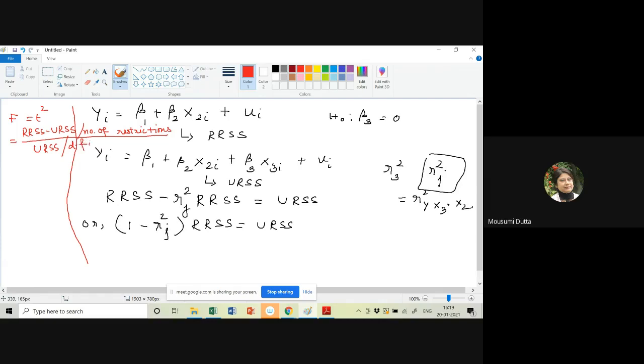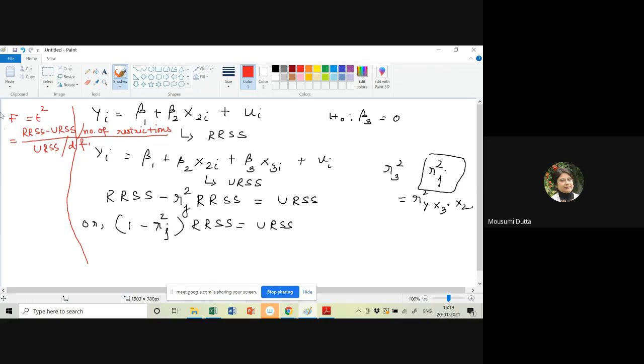We can define RRSS minus URSS divided by number of restrictions divided by URSS divided by degrees of freedom. This kind of test statistic can be defined in terms of RRSS, URSS, etc. Okay. So this idea is coming, we can frame this kind of statistic using the notion of RRSS, URSS, etc.